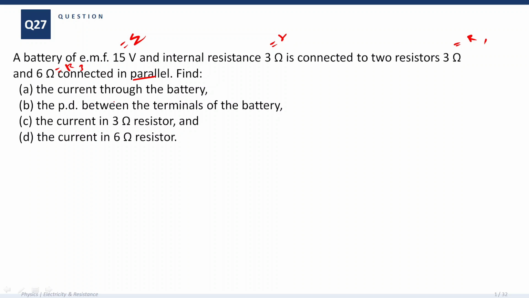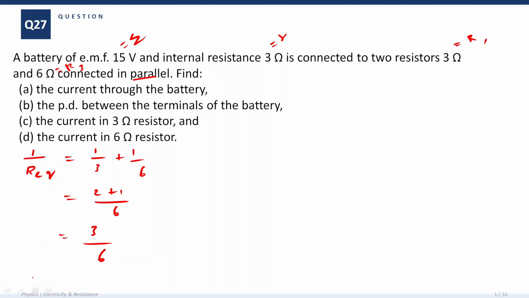First, I would like to find the equivalent resistance between 3 ohms and 6 ohms connected in parallel. So 1 by R equivalent equals 1 by 3 plus 1 by 6, that equals 2 plus 1 by 6, 3 by 6.